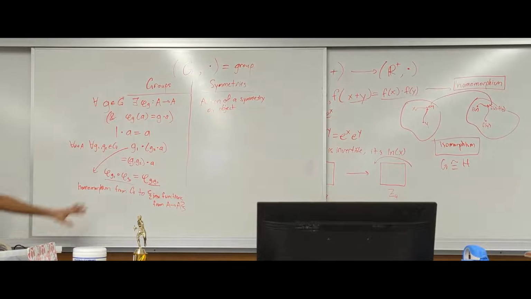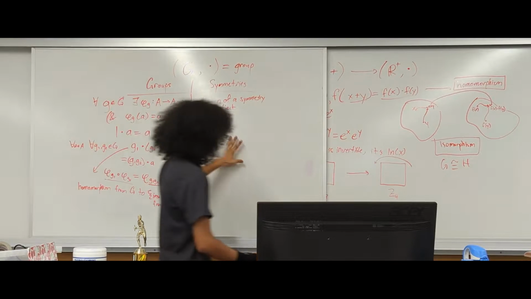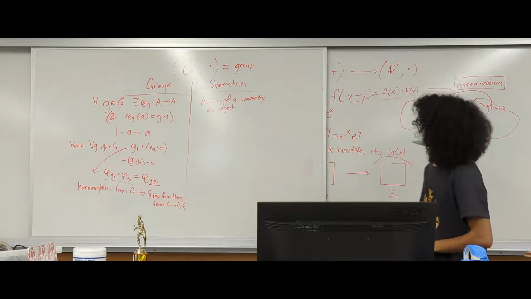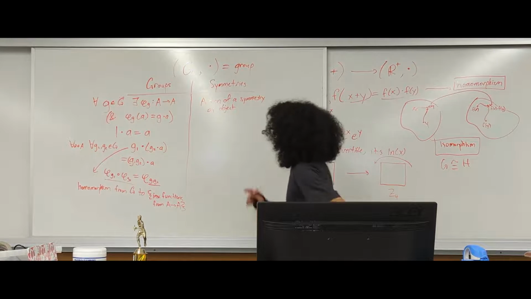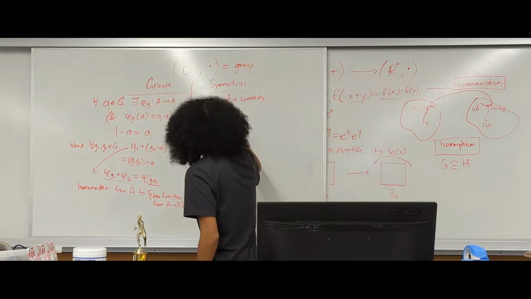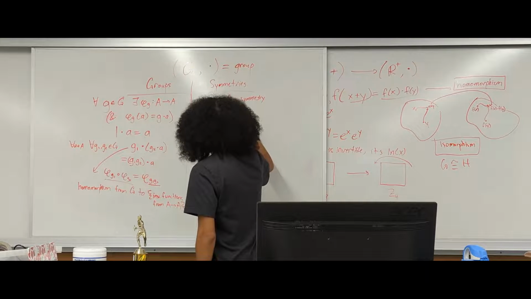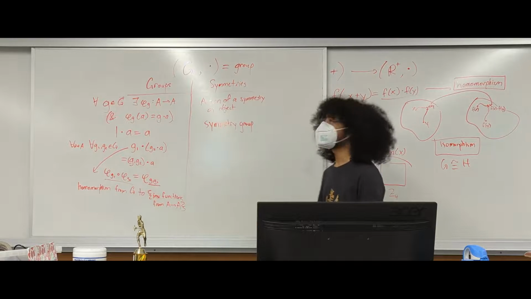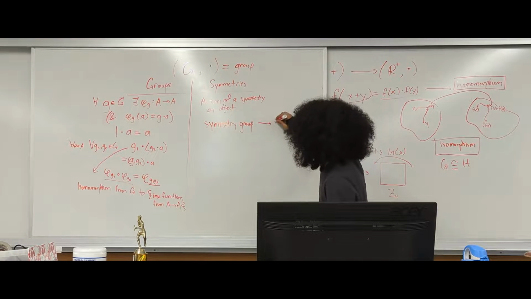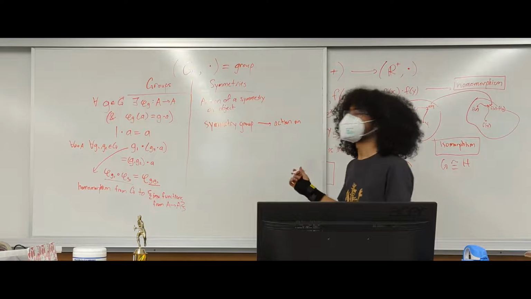So this is an incredibly abstract concept. But this is exactly what happens with symmetry transformations. We can think of just the symmetry group, and it naturally has this action on what it normally acts on.